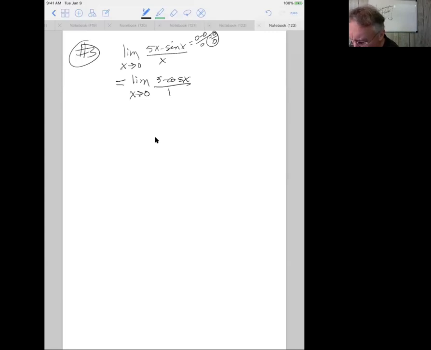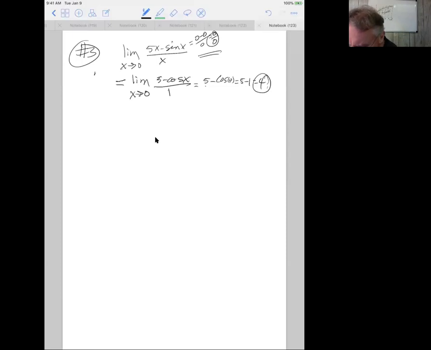Plug in 0 here now. We don't have to write limit. We do need it previously. We get 5 minus the cos of 0 over 1, which I can ignore, right? And that's equal to 5 minus 1, which is 4. So the answer to the question is 4. And you've got to use the check for L'Hopital's rule first, right?